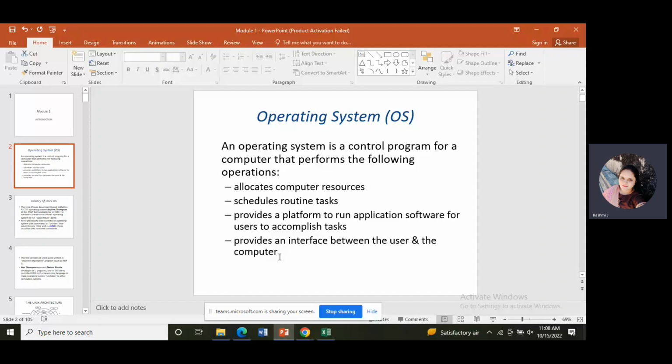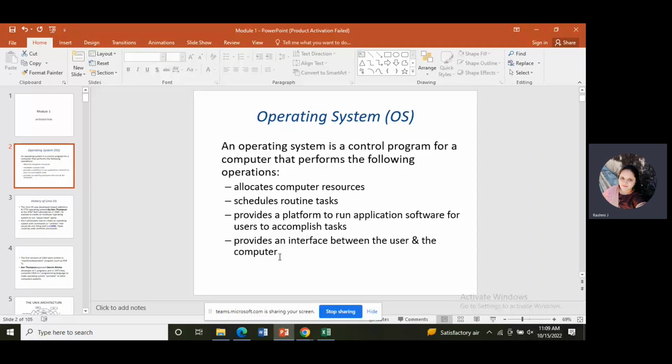It also provides a platform to run application software for the user to accomplish tasks. What is meant by a platform? A platform is where we can run hardware and software both, or where you can develop or execute an application.